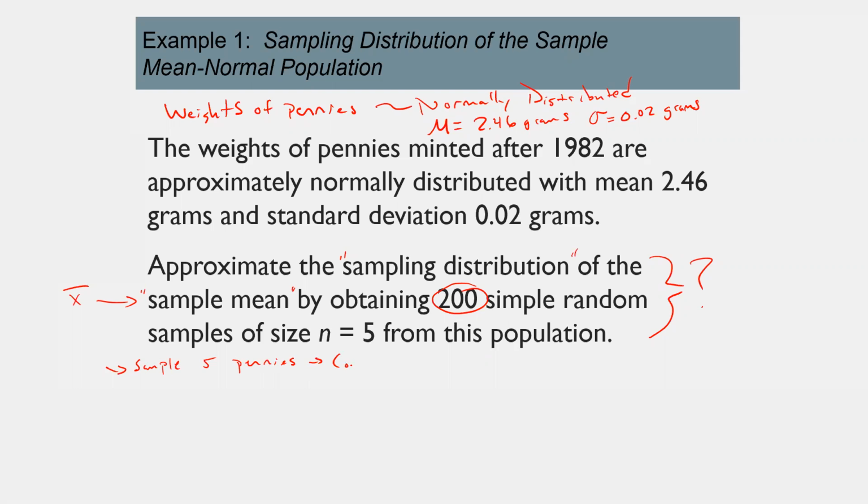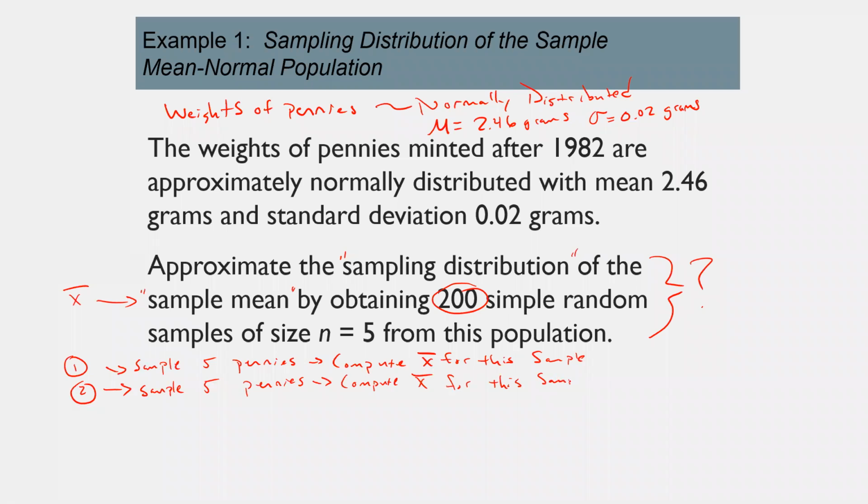I'm going to compute their average weight. Then I'm going to do this again. I'm going to sample another 5 pennies, and then compute X bar for that sample.